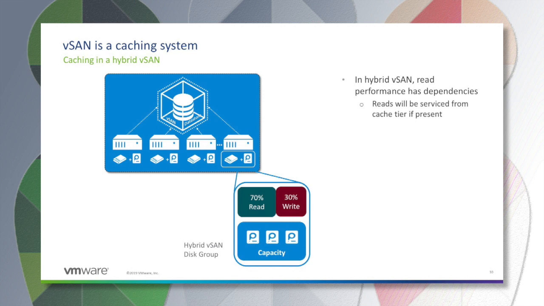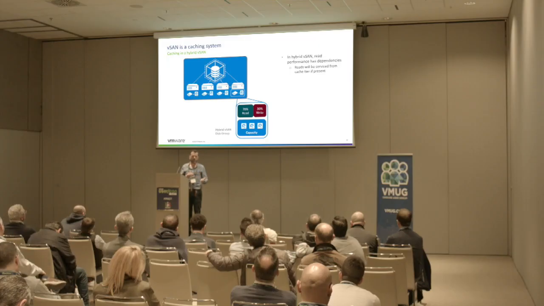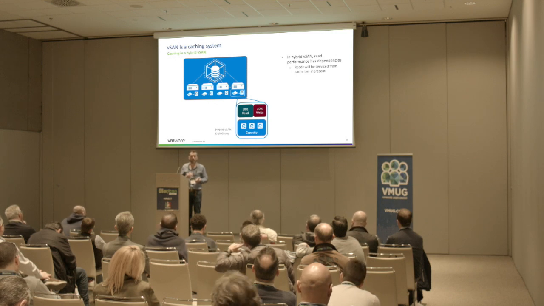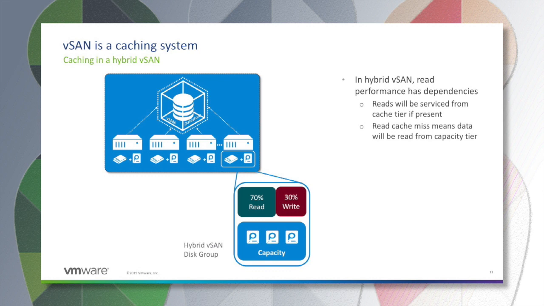If they're not going to be serviced from cache, then that's a read miss, and we're going to have to go back out to the capacity tier, pull that data in, and then read from our caching tier. So a read miss is quite expensive and can make your workload quite unpredictable. Okay. So as I said, this is basically due to the latency penalty.